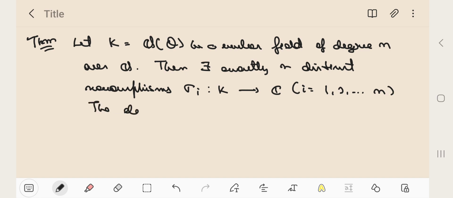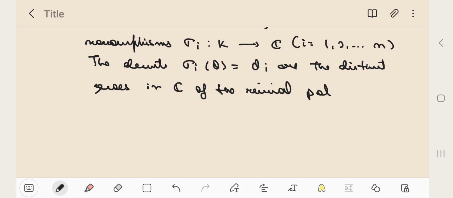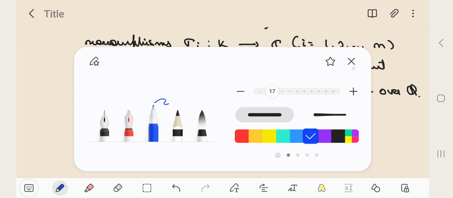The elements sigma_i(theta), which equal theta_i, are the distinct zeros in C of the minimal polynomial of theta over Q. Okay, so let's quickly prove this.